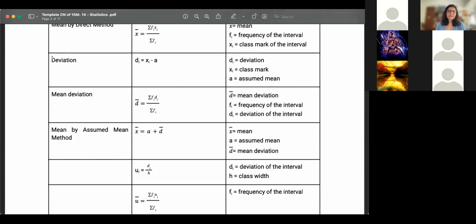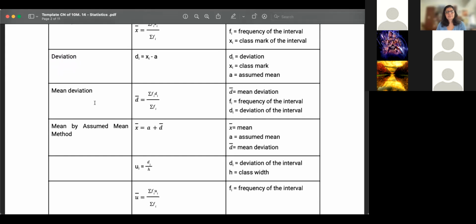Deviation, going forward, gives you an idea of by how much each class value is deviating from your actual value. In future, when you do proper analysis, deviation and mean deviation make more sense. It has a significance there. But for now, finding mean by the deviation method is also pretty simple.